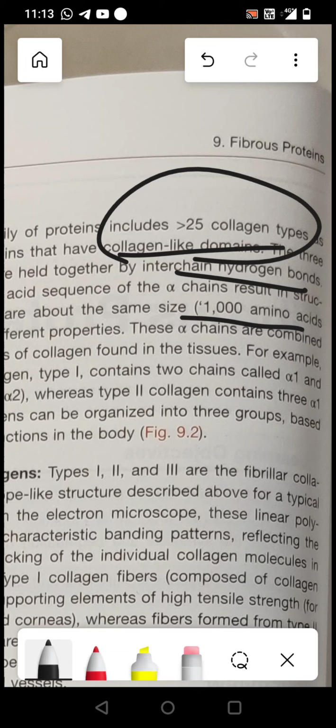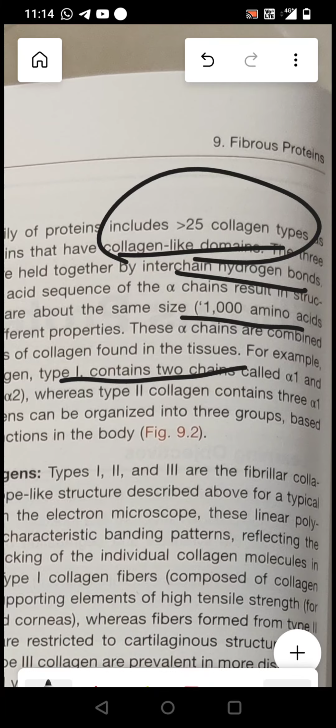Alpha 2 is a polypeptide with a slightly different sequence than alpha 1. Got it? So depending on the type of alpha chains, you could have different combinations possible.